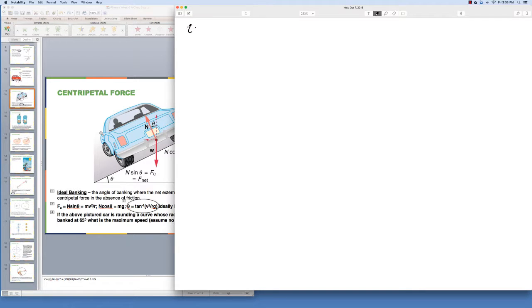We turn this into tangent theta equals v squared over rg.